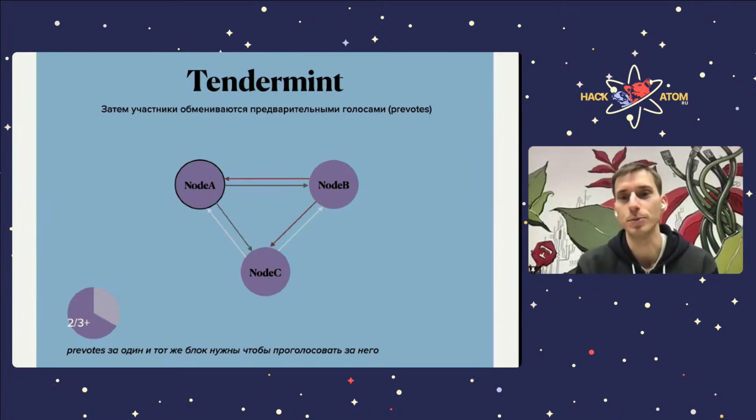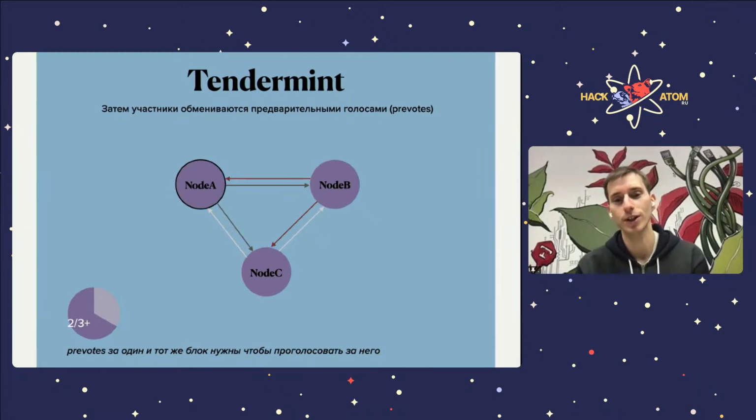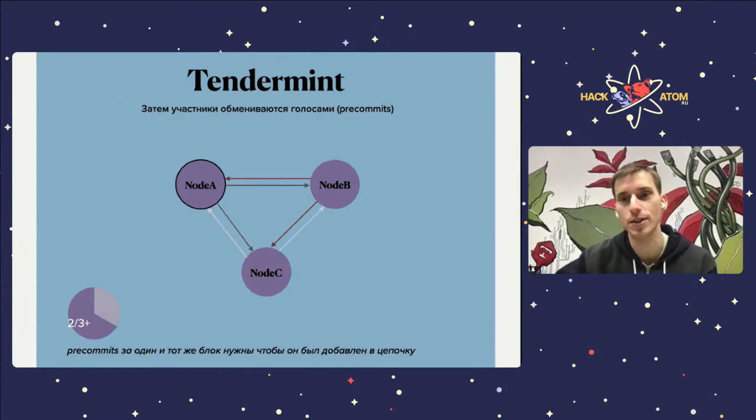What happens next? The participants exchange preliminary votes, pre-votes. Also, the Gossip network is involved. As soon as 2/3 plus pre-votes for the same block are collected, the second round of voting starts with pre-commits.